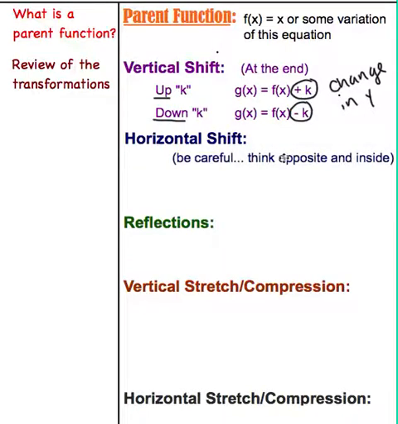We need to think opposite and inside. So if we want to go to the right a value of h, that g of x is going to be f of x minus h, where it's going to be something in parentheses. Now, on the other hand, if we want to move left a value of h, it's going to be that plus instead of minus. So remember, minus is going to be right, plus is going to be left.